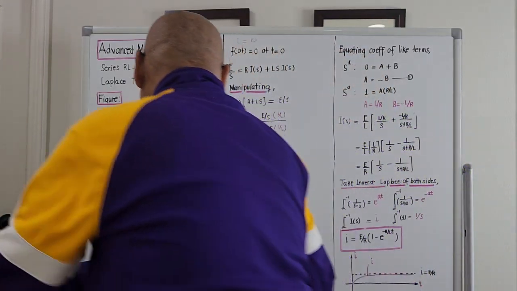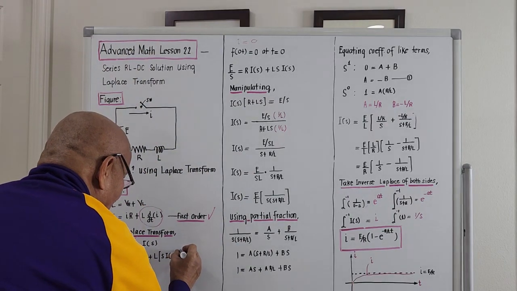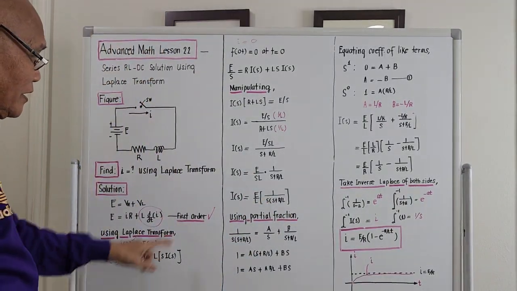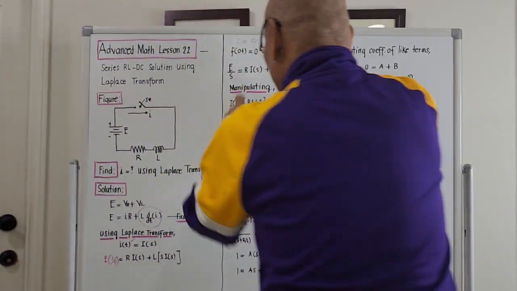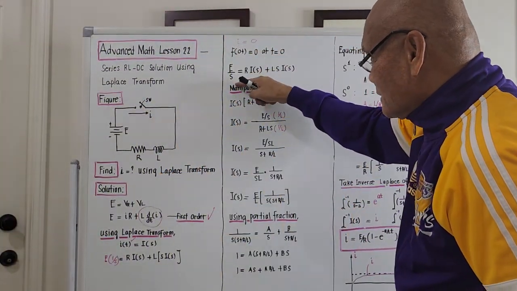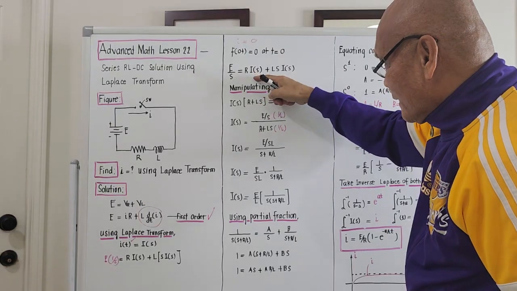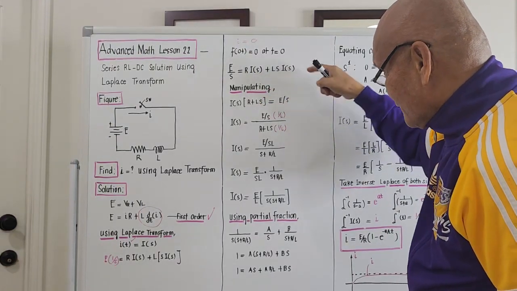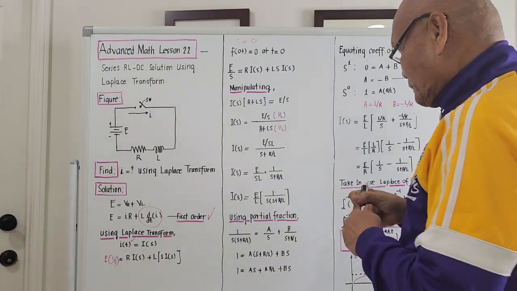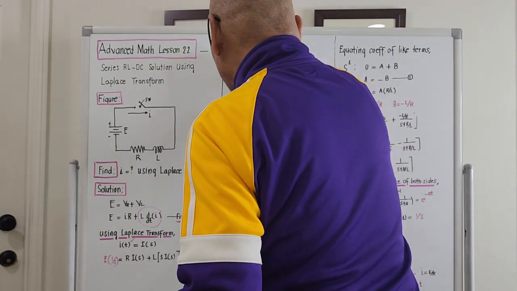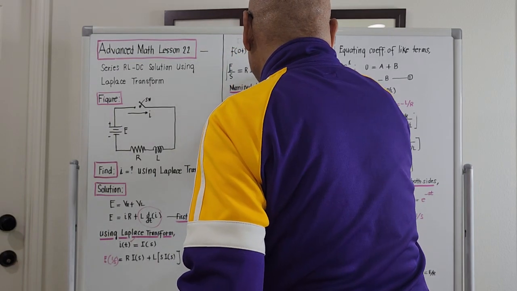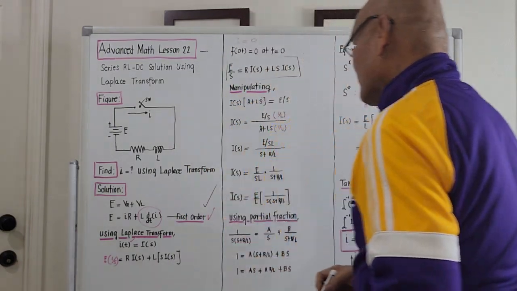So it will just be simply like this, because there's no value. So from this equation, it now becomes this one. It will be E over S equal to R, I as a function of S, plus L, S, I as a function of S. This is now the Laplace transform equivalent of the first order differential equation.